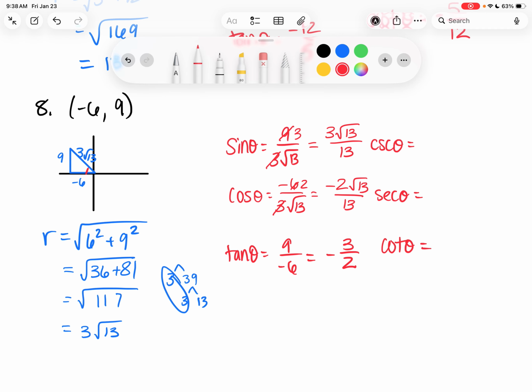I know I've said this before, but negative can go on the top, the bottom, and front, wherever. Cosecant, just flip the original value of sine, so square root of 13 over 3. Secant, flip cosine, so we've got negative square root of 13 over 2. And then cotangent, flip tangent, negative 2 over 3.